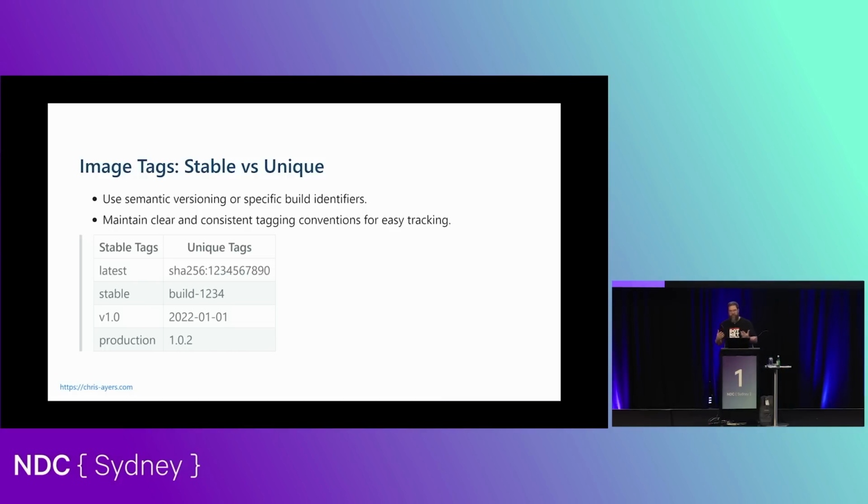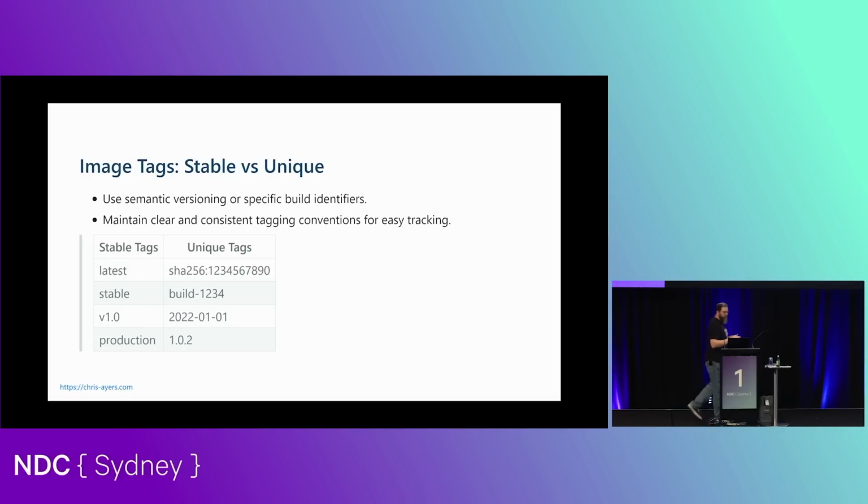But like stable tags, if I just say latest and I pulled down an image today, I might get some collection of bits that is the latest today. If I do it again tomorrow, I might get a different collection of bits. So if I have an application where I just said use the latest image and I scale it out, I can start having one set of nodes run with an older version and a different set of nodes run with a newer version and run into some weird problems.